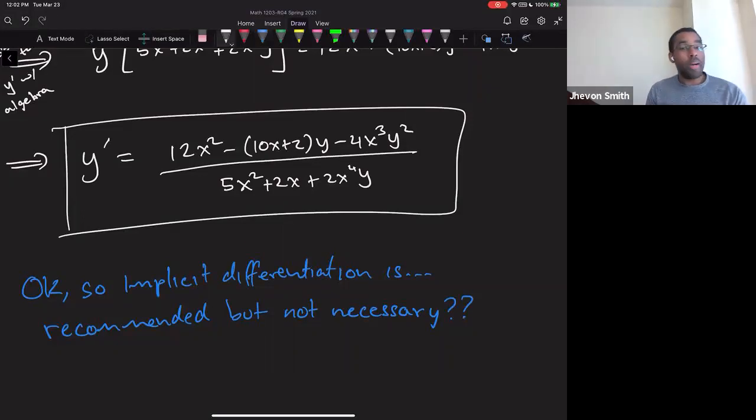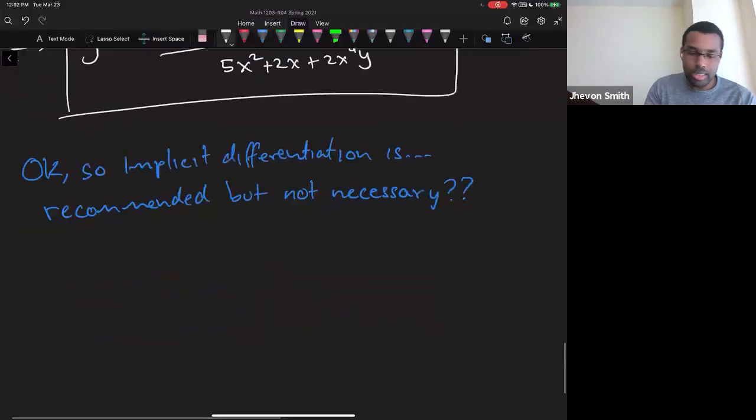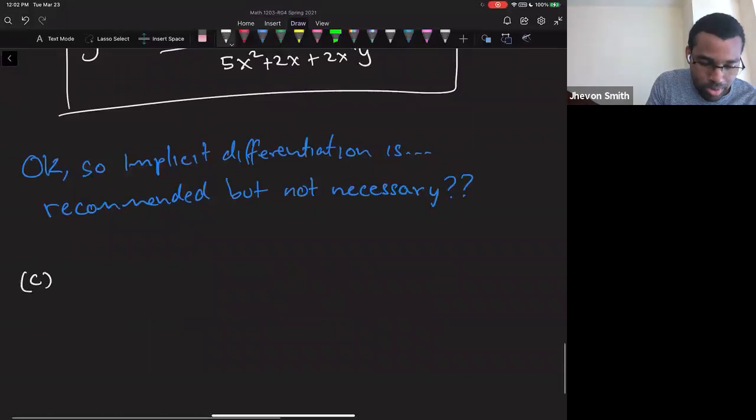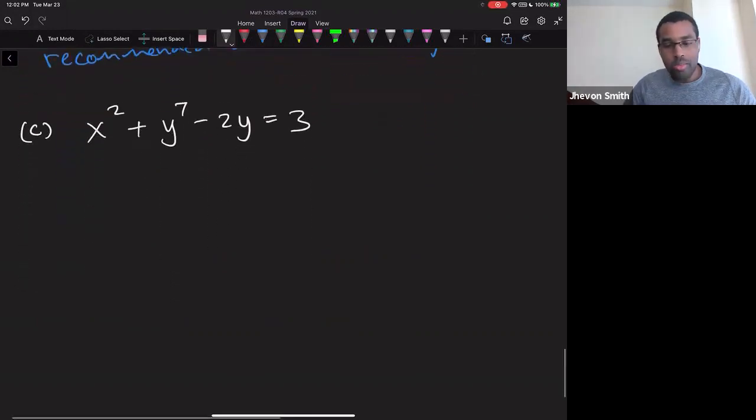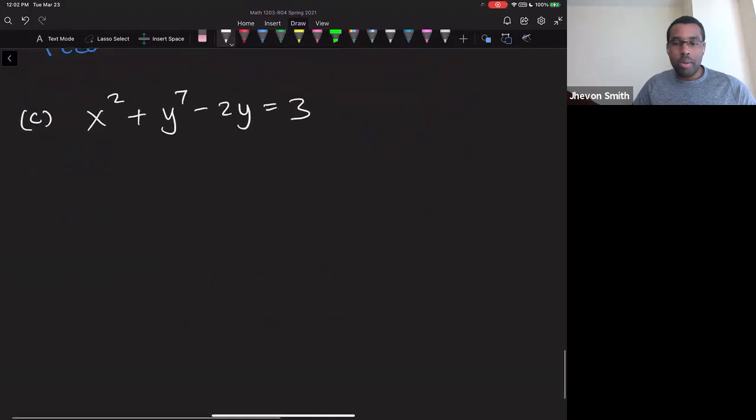Well, you might have that thought, but allow me to show you another example. It doesn't look as scary as the previous one, but it is scary for a very specific reason. Let's say we have this example and we want to find y prime.